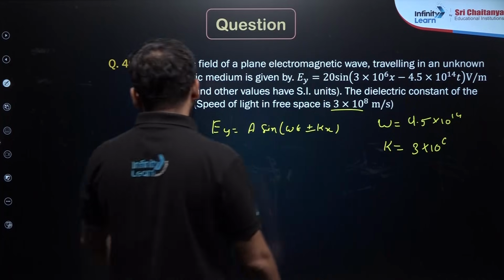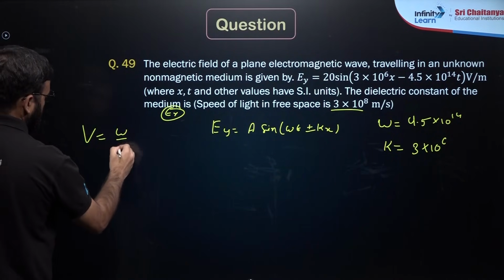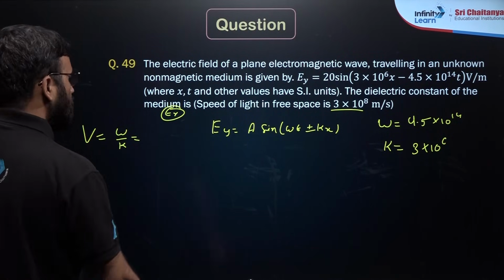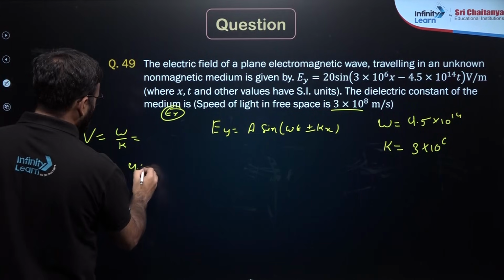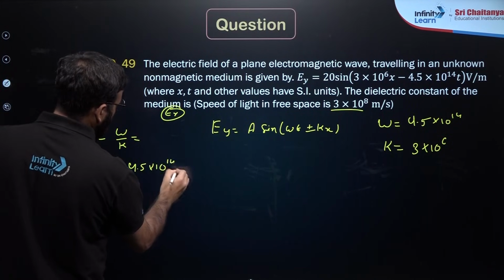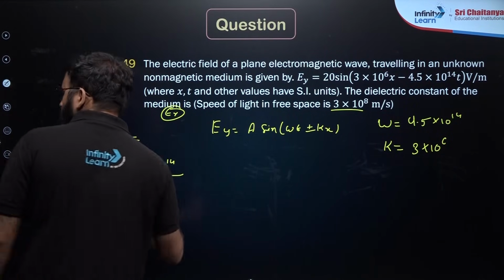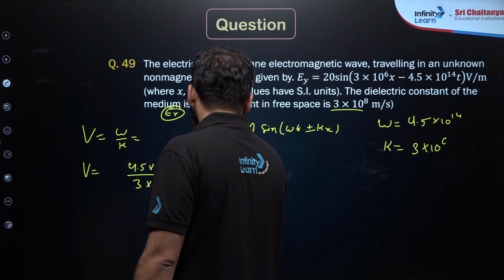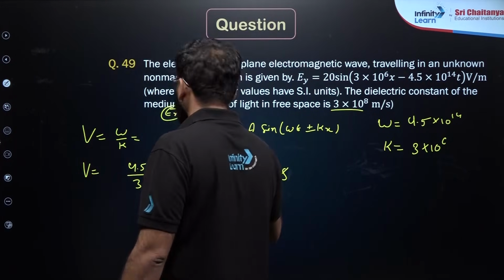So what is the wave speed? V equals omega upon k, which is 4.5 into 10 to the power 14 divided by 3 into 10 to the power 6. On calculating, you get 1.5 into 10 to the power 8 meter per second.